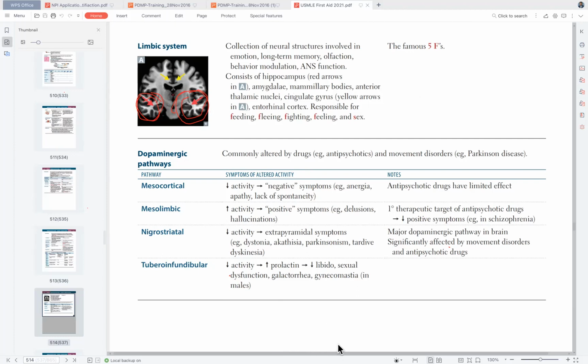Now let's look at this side here, the dopaminergic pathway. Most of the antipsychotic drugs affect this dopaminergic pathway. Parkinson disease, the movement disorders, and I will send you a video to watch so that you can look at this pathway, the basal ganglia.